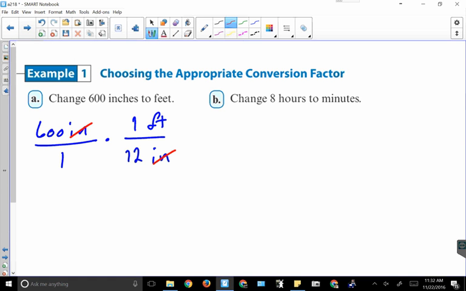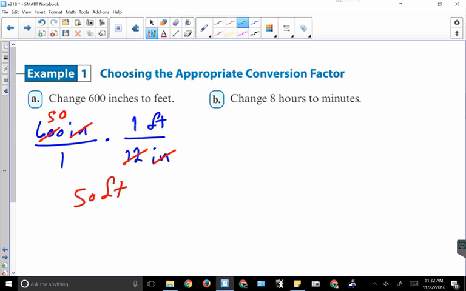Does 12 go into 600? How many times does 12 go into 600? 50. So this goes into here, and I end up with 50. So that means 600 inches is the same as 50 feet. Having this kind of information, you write it down, it's a lot easier and faster than trying to do it in your head.